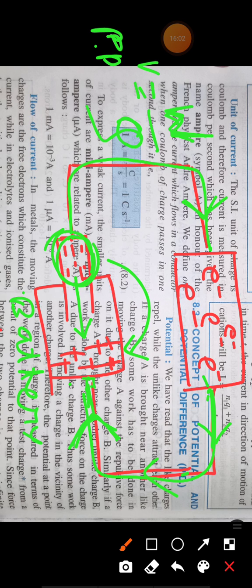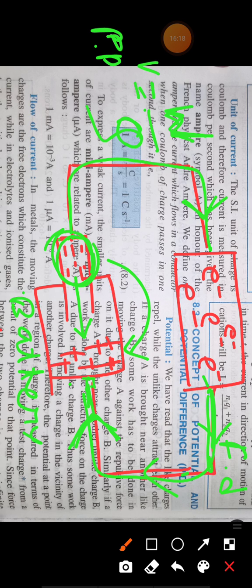They are coming, which means they are displacing. Force into displacement is called what? Force into displacement is work done. So that means the battery is doing some work on the electrons.